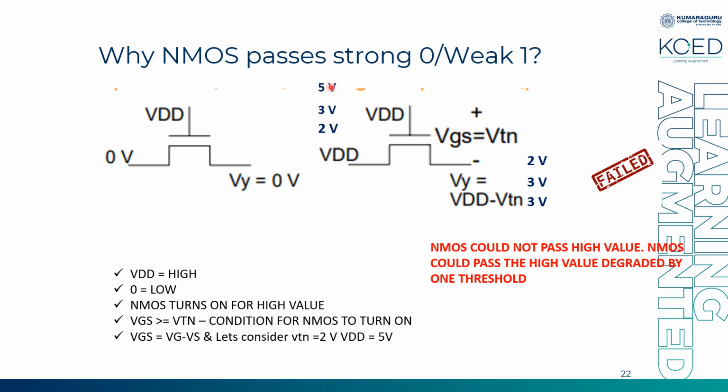Whenever I give a high, I'll be getting a 4 here, if my threshold is 1. So here I have retained this 3 volt, that is 5 minus 2 is 3. So I am getting 3 volt here. Okay, so my NMOS cannot pass a strong 1. It can pass only a weak 1.